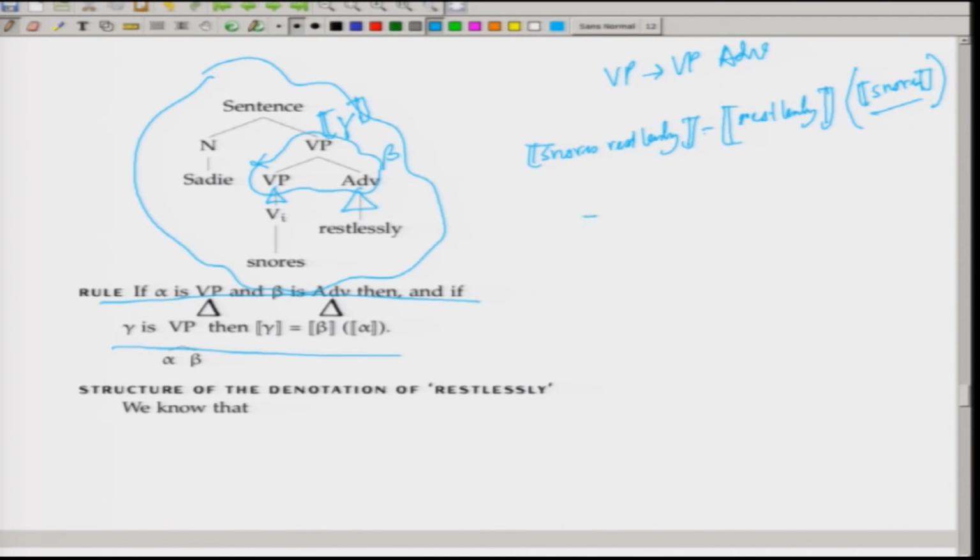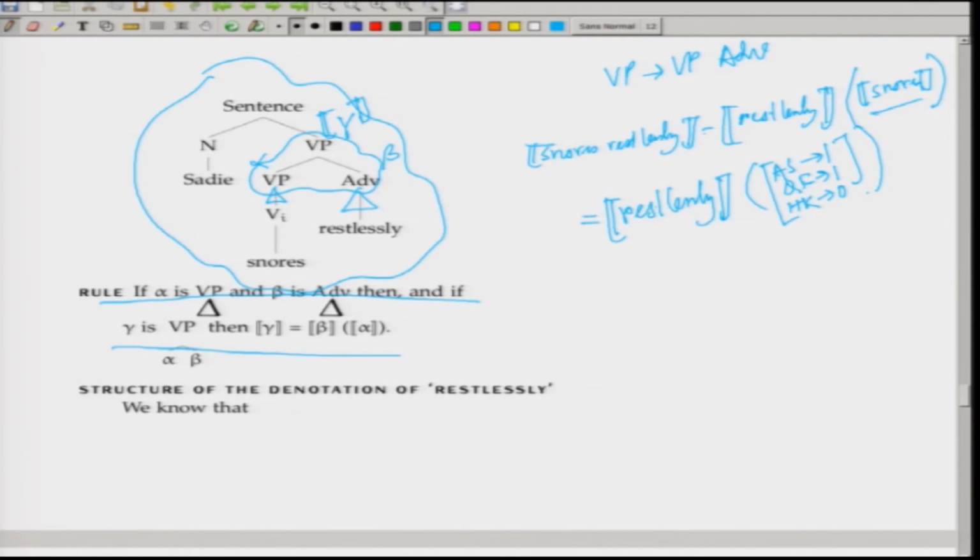Restlessly is the function, or rather the denotation of restlessly, and we know this thing: Sadie is 1, Liz is 1, and Hank is 0, this function.